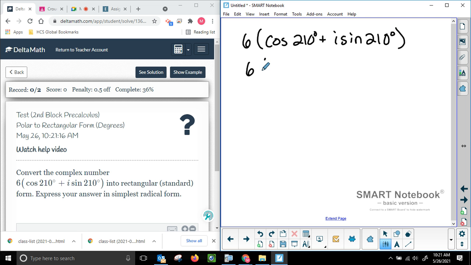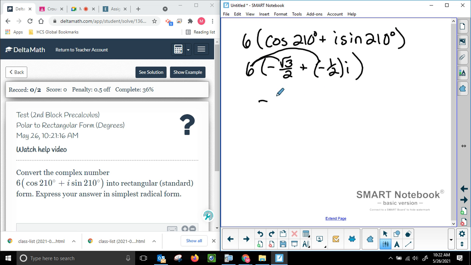We go to our unit circle and ask, what is the cosine at 210 degrees? That's going to be negative square root of 3 over 2. Plus sine of 210 degrees is going to be negative 1/2. Of course, that's still times i. Now all I have to do is distribute this 6.